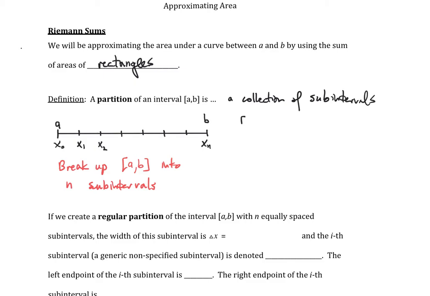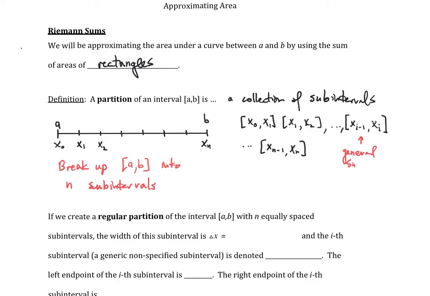And these subintervals will be like x0, x1, x1, x2, so on and so forth. If I wanted to talk about a generic subinterval, I would put x sub i minus 1, x sub i, and the last one would be x sub n minus 1 and x sub n. So this x sub i minus 1, x sub i subinterval is supposed to represent a general subinterval.